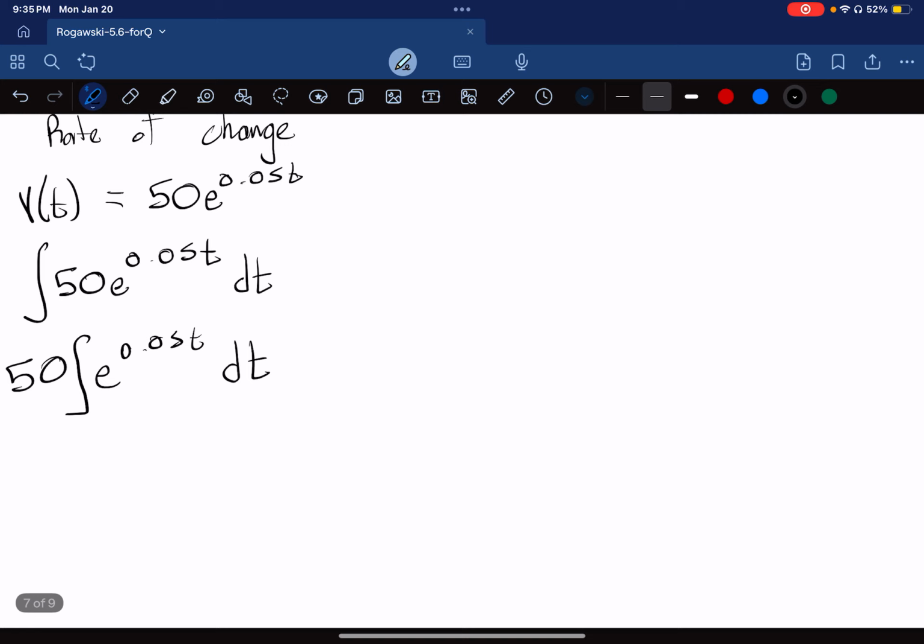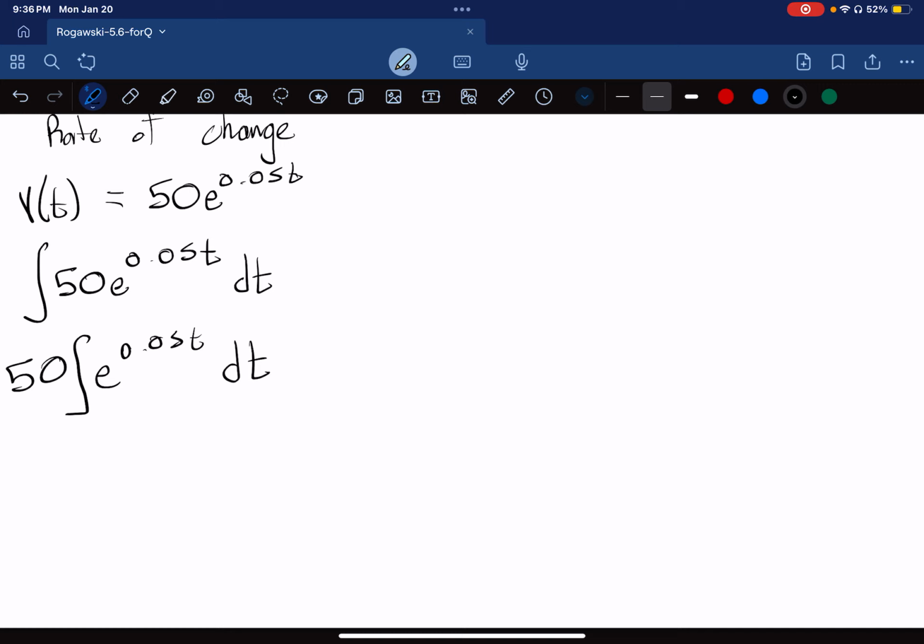Now, how do we take the integral of this? Well, there is a formula for taking the integral of an exponential raised to a constant and a variable. Now, for those of you who don't know what an exponential is, it is simply a function which has e as a base, which is raised to a variable. So e to the x.